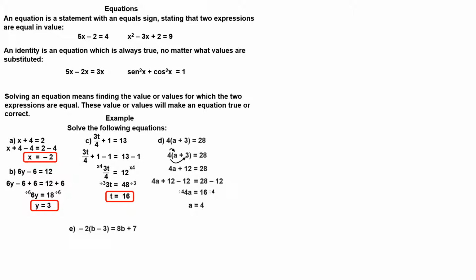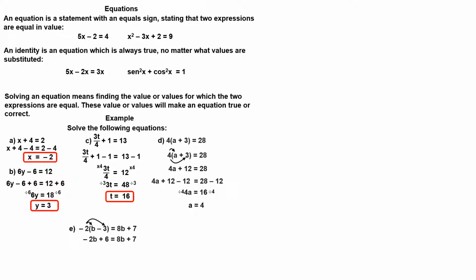Some equations have variables on each side of the equal sign. First of all, expand the bracket. Solve this equation by rearranging all the variables onto one side of the equation and all numbers onto the other side.